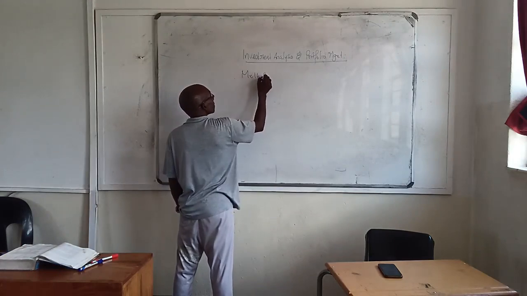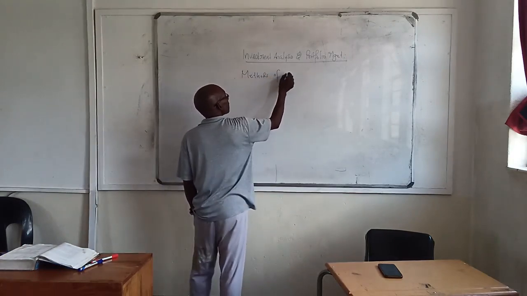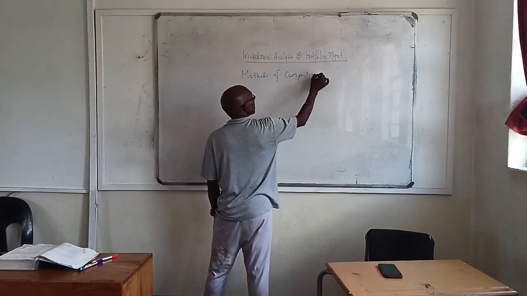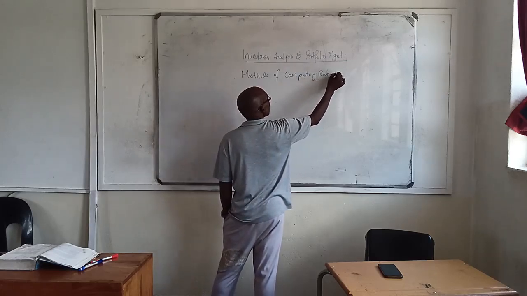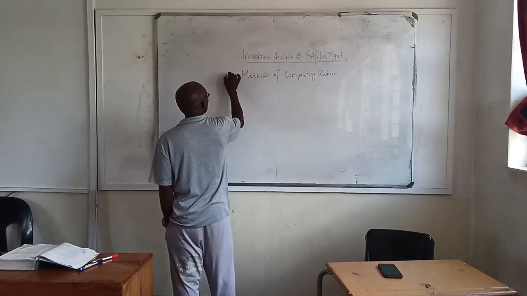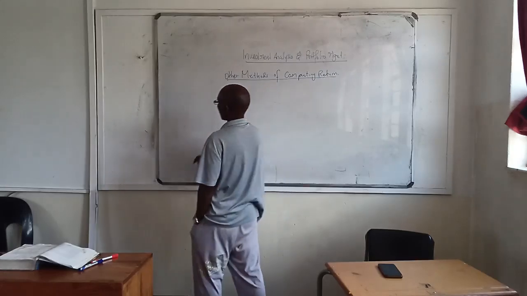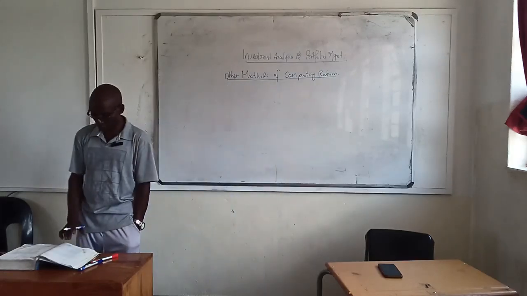Apart from what we have already seen, this is another method of computing return. What are the other methods of computing return?